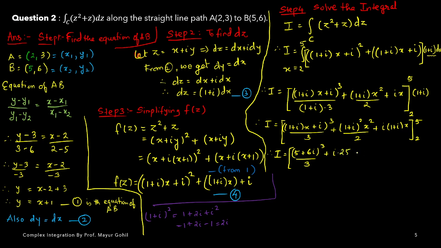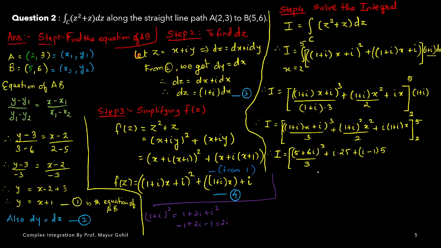Okay, and then over here it is I times I plus I square is minus 1, so I minus 1 times 5. Okay, and let's put up the lower limit.